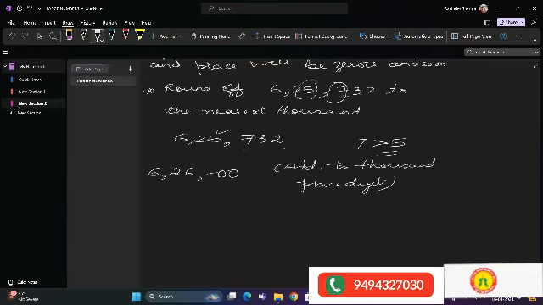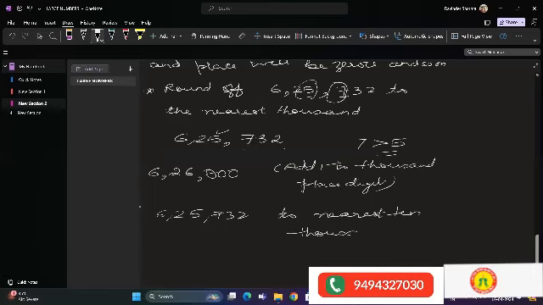Understood, beta? Now suppose we are rounding off this number, 732, to the nearest 10,000. Nearest 10,000. So 10,000 is the 2 digit. So you will take this 5 number. Right, beta?